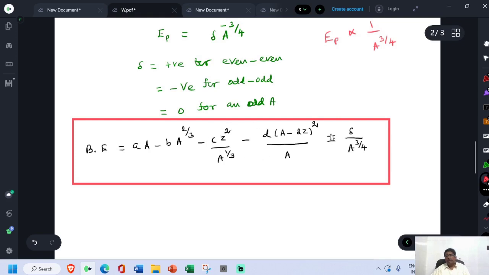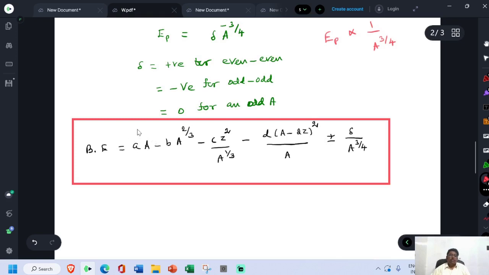Here we are using plus and minus with respect to the number of nucleons. Whether it is an even combination, this delta has a positive sign. If it is an odd combination, we have to take the negative sign into account. So these factors are actually affecting the binding energy of the nucleus.